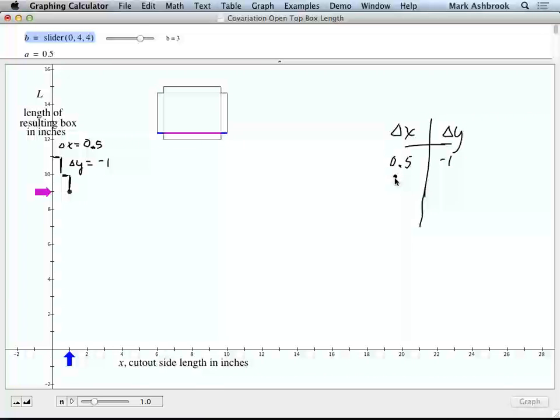All right, what if I increase the cutout length by 1.5? Janae, what will happen to the side length of the resulting box if I increase the cutout length by 1.5? It will be -2. What do you think? Let's see.